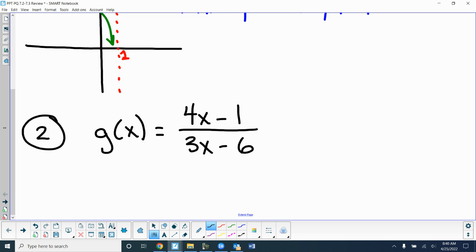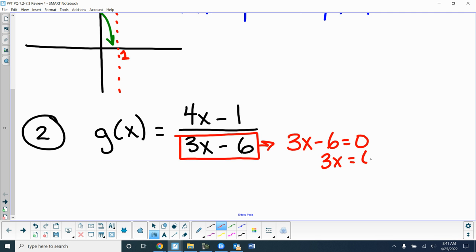So the vertical asymptote is still what makes that x give you a 0 in there. So if you're not sure, just set that denominator equal to 0 and solve it. What's the first step? That's 6. What's the second step? Divide by 3. What's 6 divided by 3? 2. So that's the vertical asymptote.